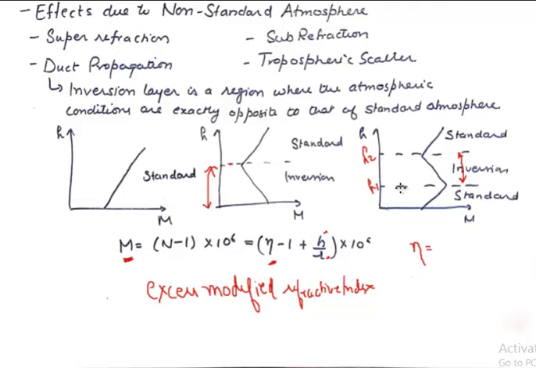And when the wave enters into any of these ducts, it encounters reflection like this. So this is an example of a surface duct or ground duct.